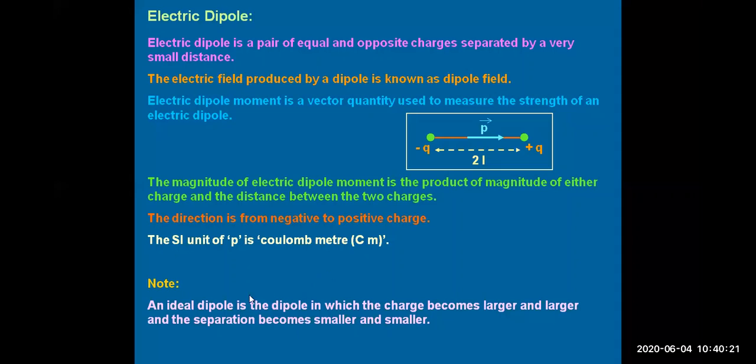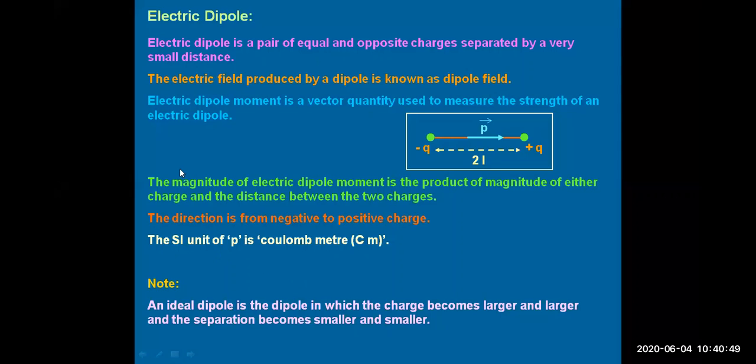That is when we can tell it is an ideal dipole. What is an ideal dipole means? Strength should increase and distance of separation should decrease. Technically, instead of using the word strength, we tell the magnitude of the charges should increase and the distance of separation has to decrease. That is an example for an ideal dipole.